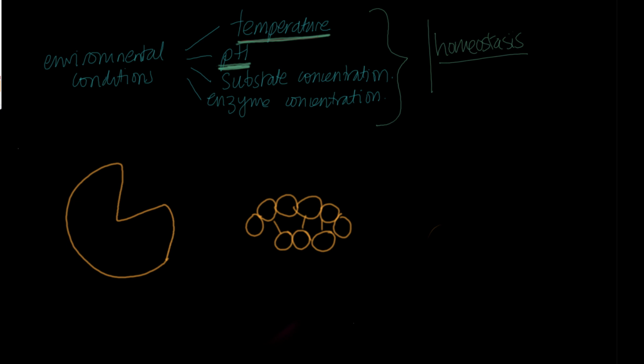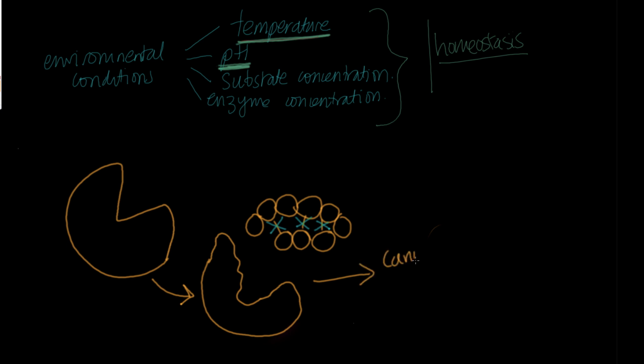So if we change the pH, these bonds here are going to get broken, and we are going to denature our enzyme. So the three-dimensional shape is going to change and it cannot bind with the substrate.